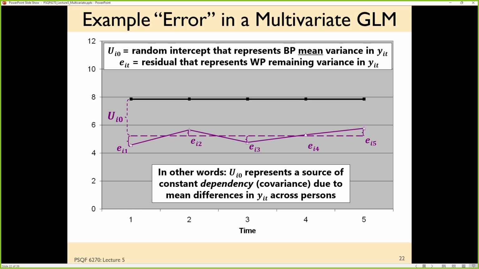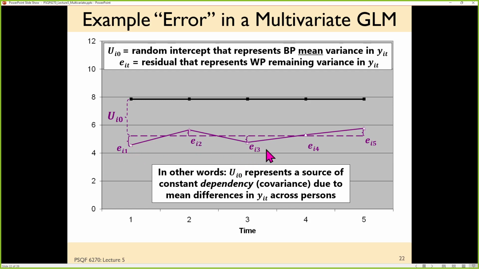Yes? If we consider a person who is stable across repeated measures, do we expect the variance of E to be equal to 0? I only heard part of that. Yeah, I was wondering, for the variance of E part, the person will be tested at different time points, right?